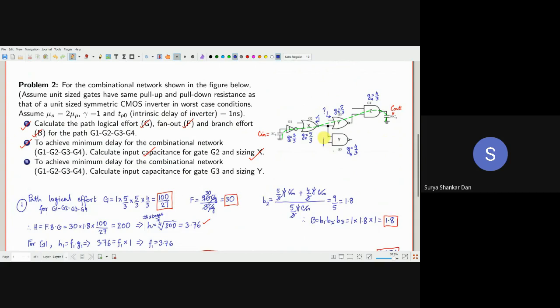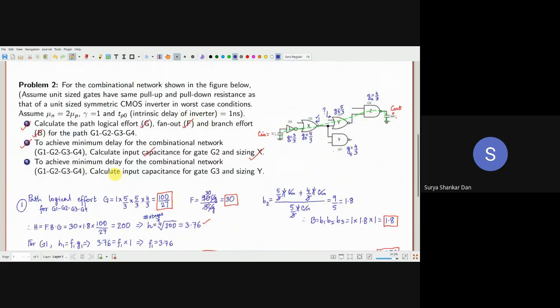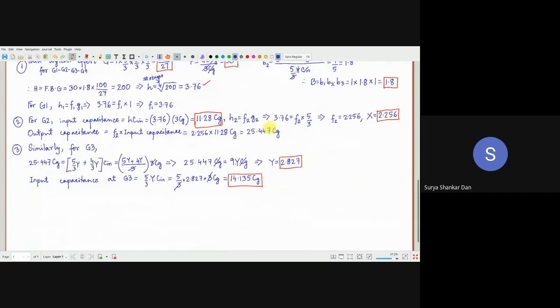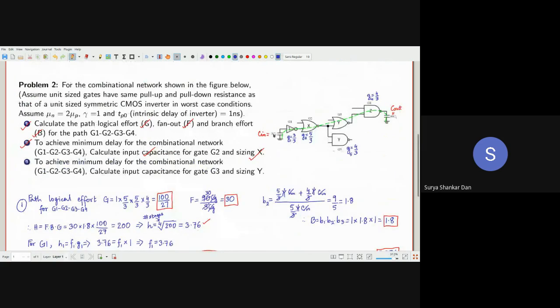Okay. These two are known from the total input capacitance of the Y. Then the input capacitance seen at the node G3 here is essentially how much? We will simply take the logical effort for the NOR, which is 5 by 3. Sorry, I deleted that also.